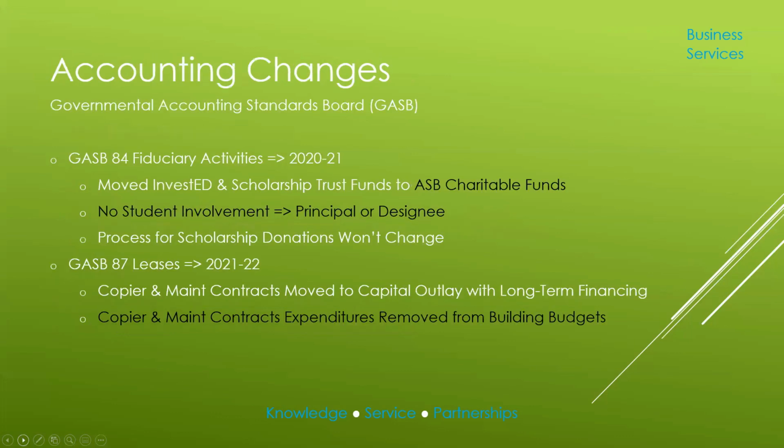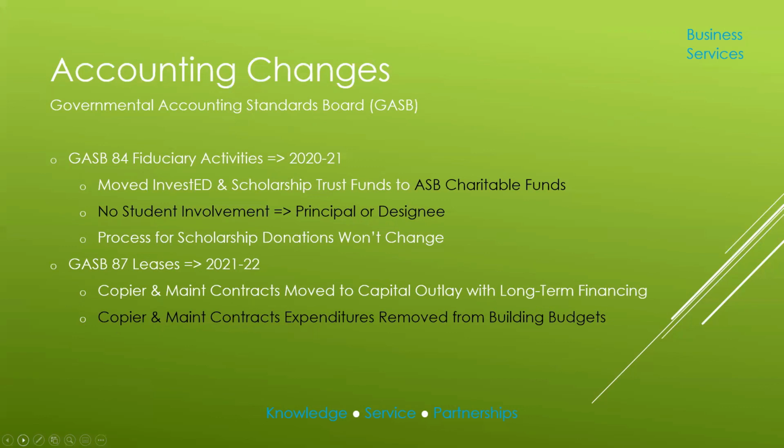I alluded to it a little bit before, but we've got the Governmental Accounting Standards Board, or GASB, that has made some changes that are going to affect you a little bit. So GASB 84 fiduciary activities, we actually just got done putting that in place for our 2021 school year. And what that's going to do is move our InvestEd and scholarship trust funds to ASB charitable funds.